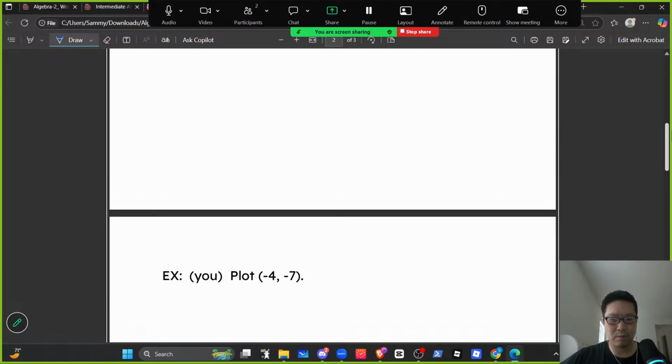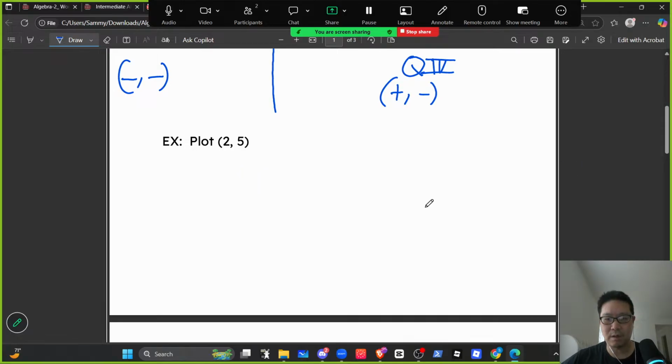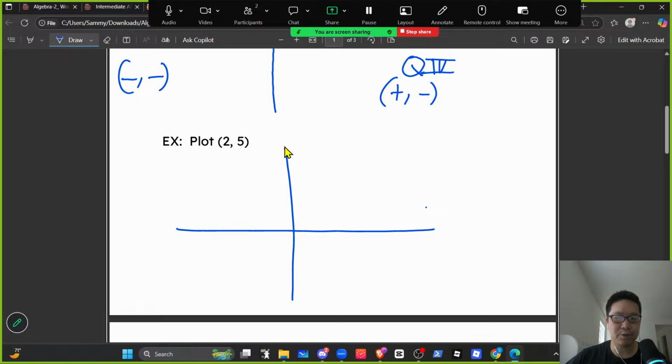So it says to plot (2, 5) on the coordinate plane. So you always want to draw your axes and label them x and y when you do it. And you don't need to be terribly precise. You could if you wanted to, but if you look at the ordered pair that we're asked to plot, it's only 2 and 5.